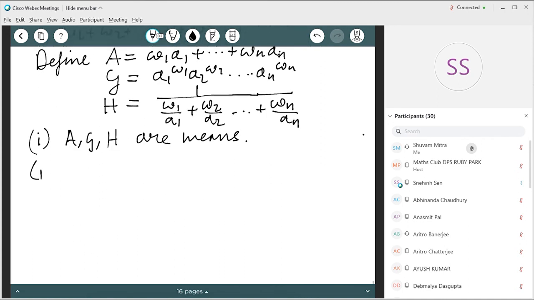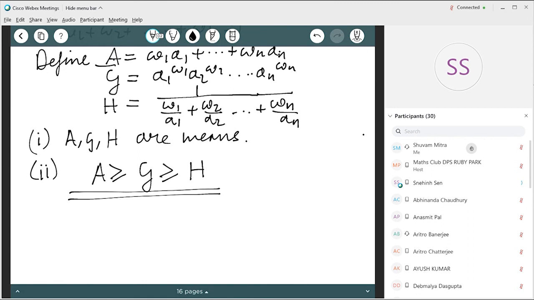And second, this is the fact: A is greater than or equal to G is greater than or equal to H. This is a bit hard to prove for the real case, but you can assume it. This is known as the weighted AM-GM-HM inequality.